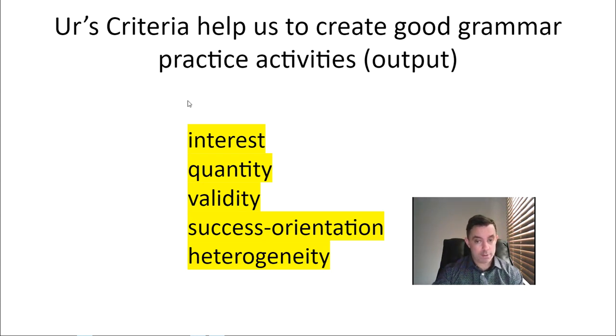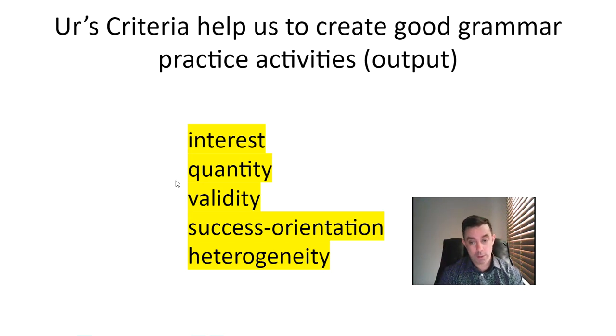And our next criterion, which is, by the way, the singular of criteria, our next criterion is quantity. Quantity, and if you know the English word, this one should be easy too. That just means that students are getting enough practice. So if you say this is a great practice activity for my students and they have to answer 2 questions, that might not meet the threshold of Ur's quantity criterion.